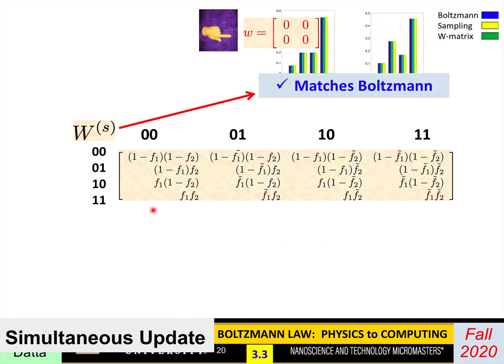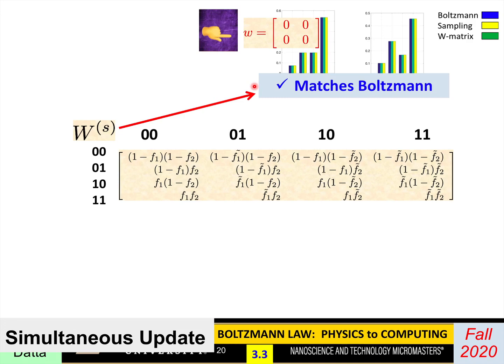And the answer is, if we set this interaction matrix, the weight matrix, to 0, sure enough, they all match the Boltzmann nicely, because then you see they're all much the same. But this is kind of the trivial situation, that is, where you have a whole bunch of neurons that don't know about each other. And in that case, it really doesn't matter whether you updated them sequentially or all simultaneously. They're all independent anyway, so why shouldn't they?